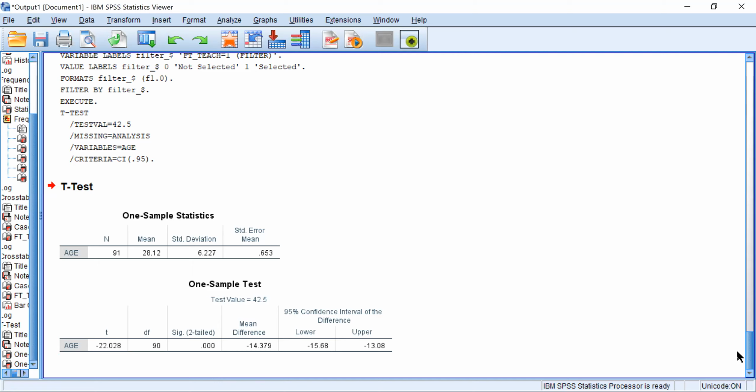What would I report? First of all, I'm not surprised by this. These were people obtaining certification. We don't expect them to be particularly old. So what I would say is basically that the mean age among the teachers was 28 with a standard deviation of 6.23.